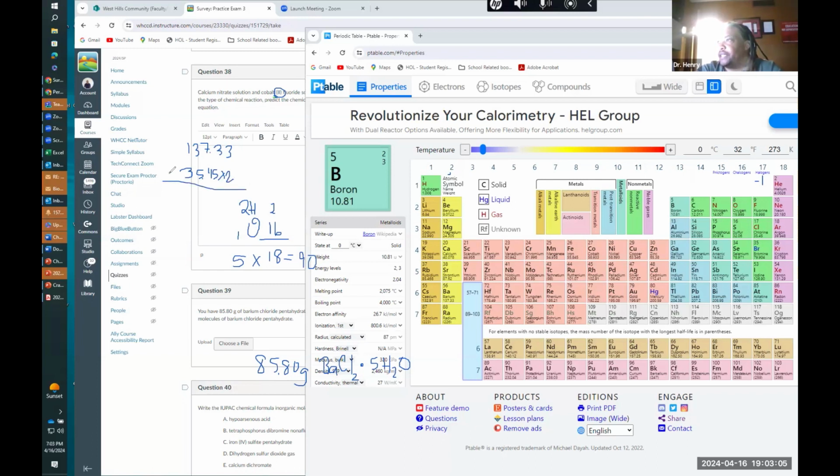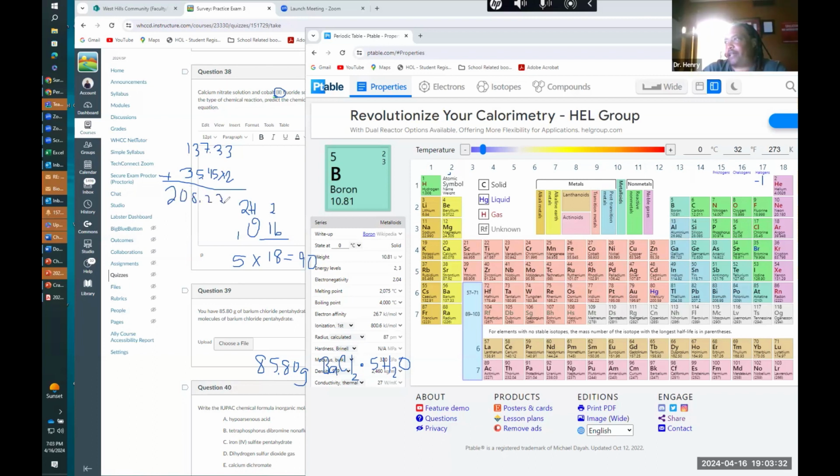So add that together. 70.9 plus 137.33 is 208.23.